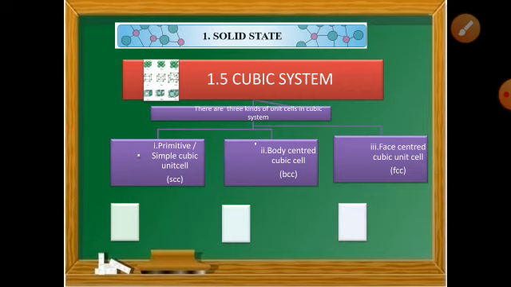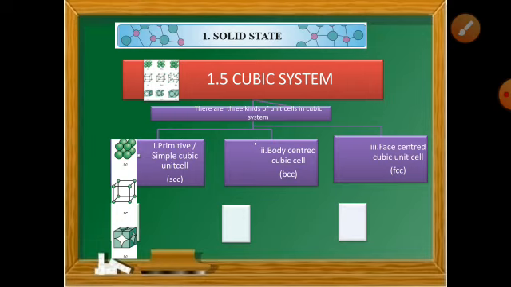Now we'll see the first one, why it is called a primitive, or simple, cubic unit cell. In this cubic unit cell, the particles are present at the 8 corners. Since the particles are present at the 8 corners, such a cubic unit cell is called a primitive, or simple, cubic unit cell.